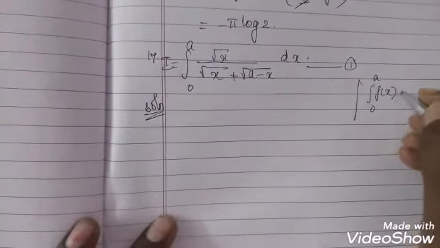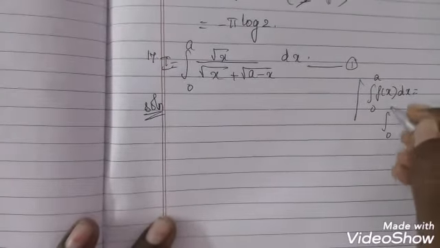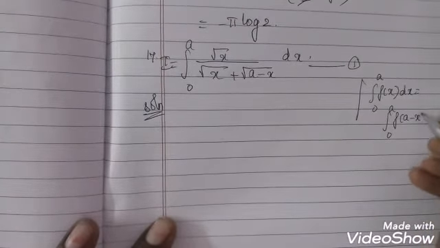Integral over 0 to a of f of x dx is equal to integral over 0 to a of f of a minus x dx.